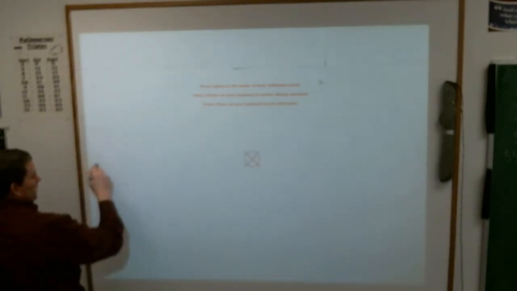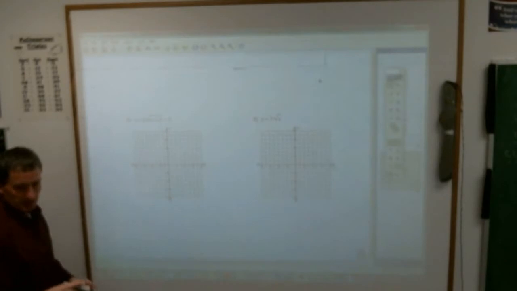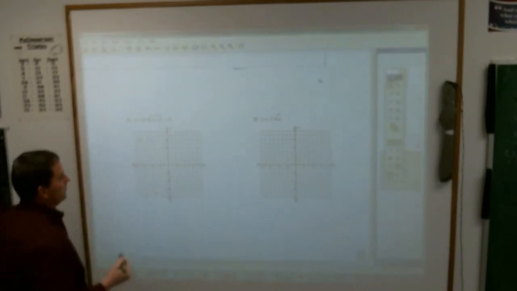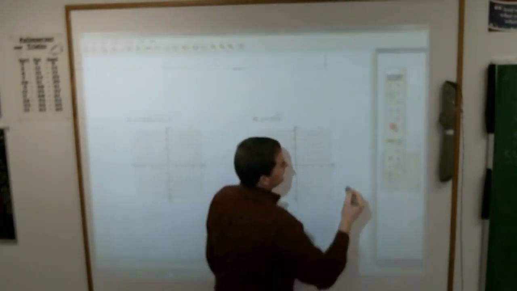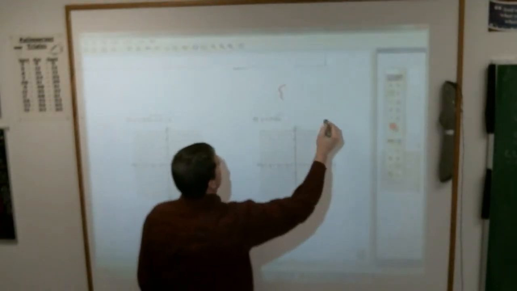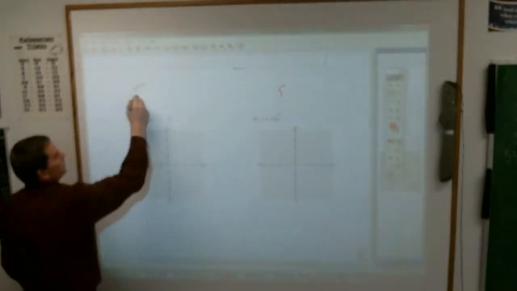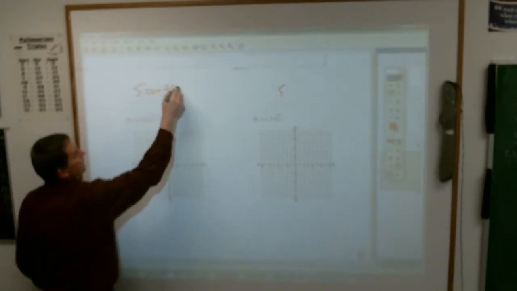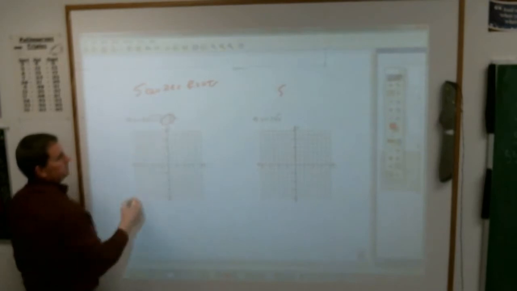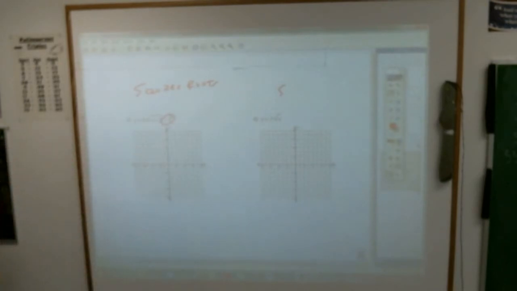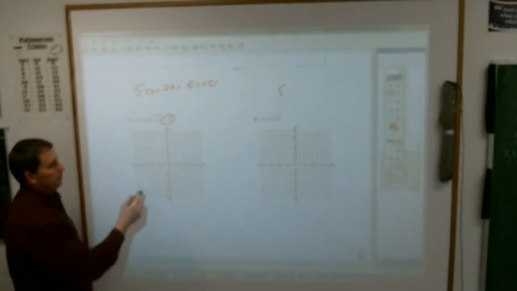absolute values and square roots, in that these are square root functions. Okay, this number here, you think about starting at the origin.